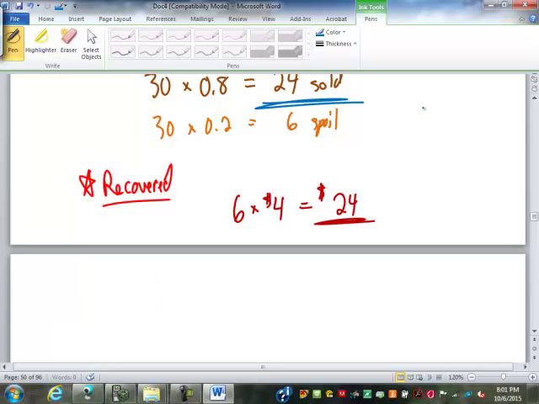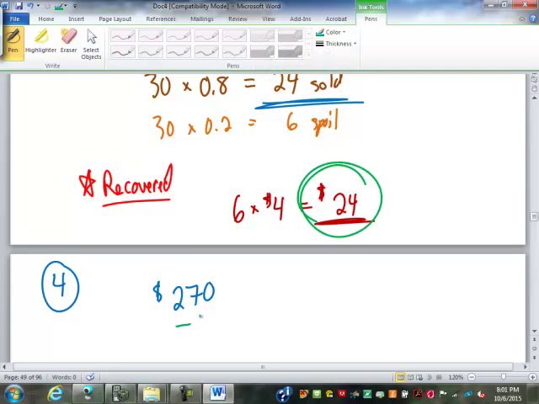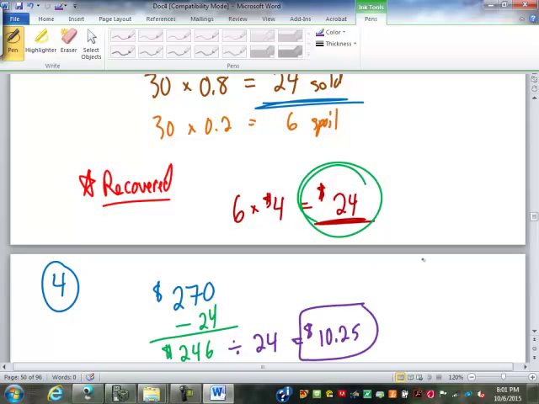But before we divide it up by the 24 shirts, what are we going to do? We're going to subtract the $24 recovery, get $246. That is going to get divided by the 24 that need to be sold, which is what, $10.25, I believe.